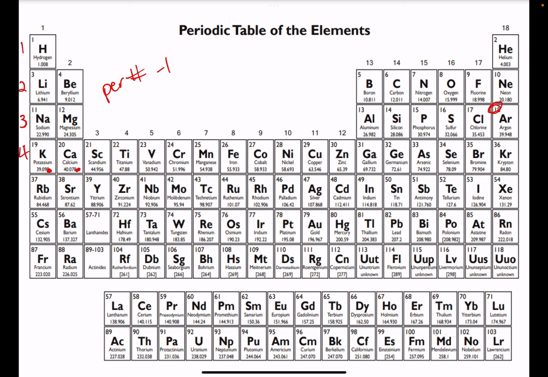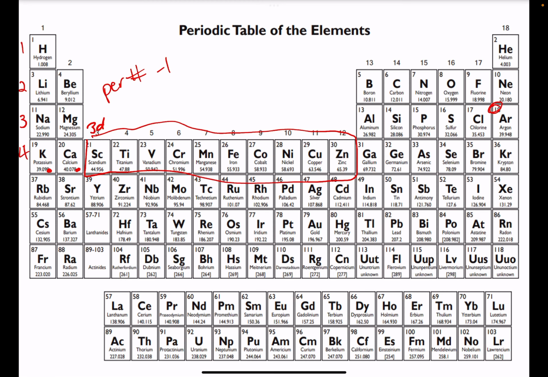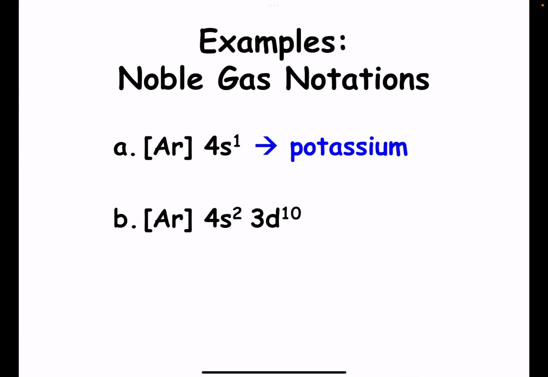So this is 3d here for this row. And it wants us to do 3d10. So remember 1, 2, 3, 4, 5, 6, 7, 8, 9, 10. That goes all the way to, you guessed it, zinc. So this next one should be zinc.